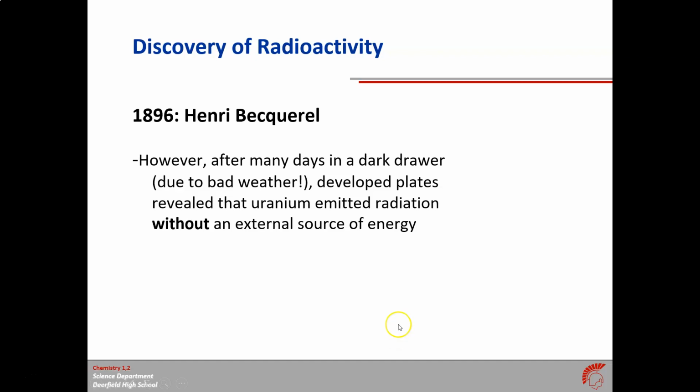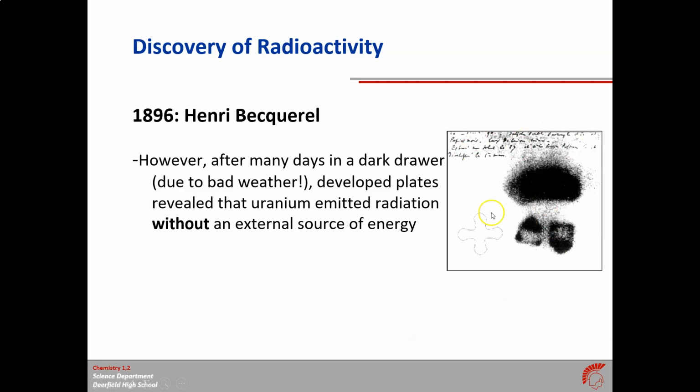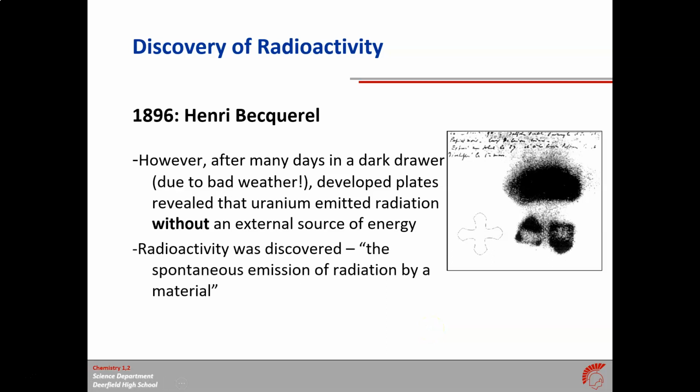However, he pulled it out the next day, and his photographic paper looked like this. The uranium actually gave off the rays, the radiation, without the use of the sun. So he realized that radiation is internal. It's coming from the inside of the atom. And so here's a good definition to have. Radioactivity is defined as the spontaneous emission of radiation by a material.